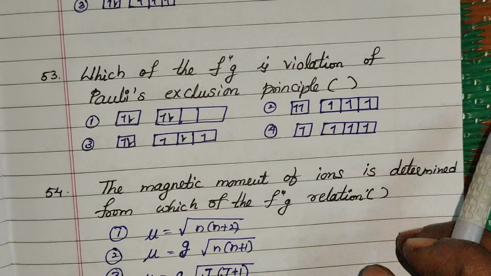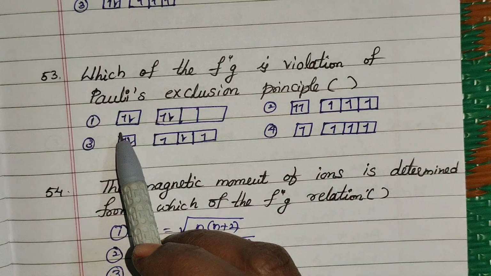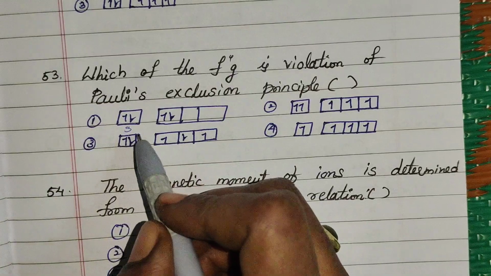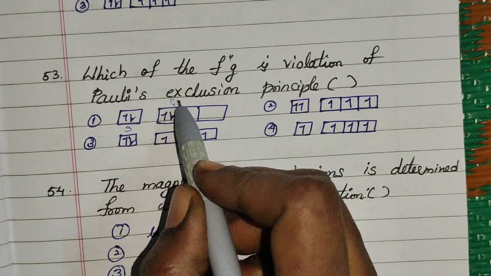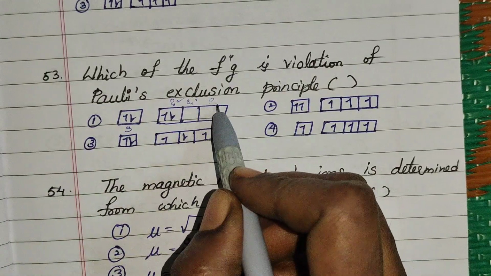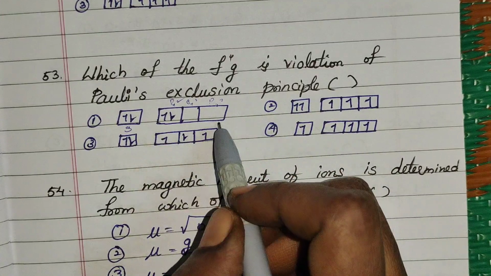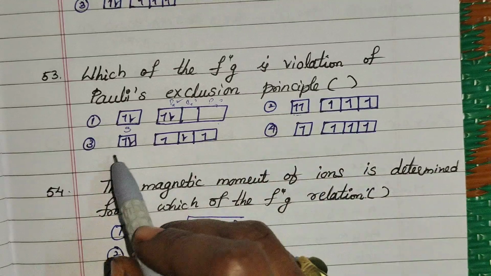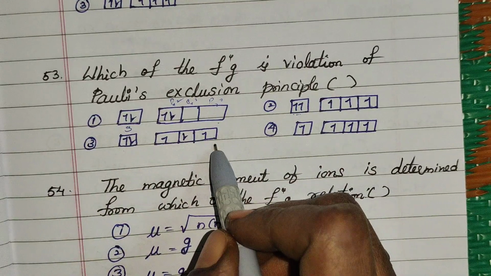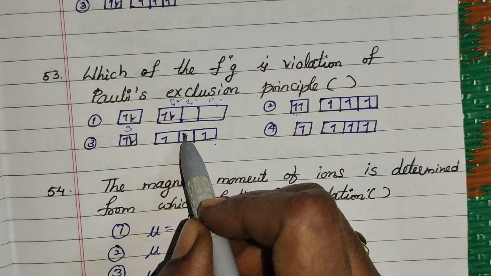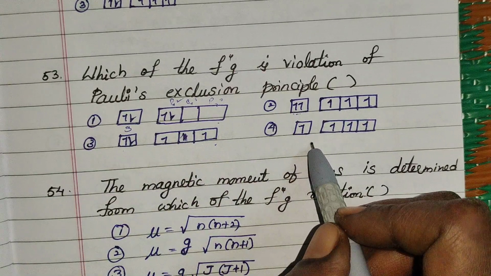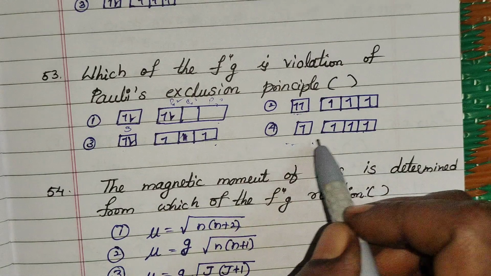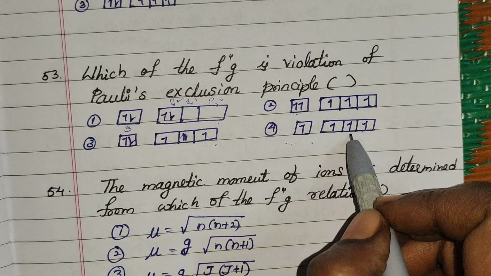Once you check, the first one may be an s orbital with pairing and a p orbital with px2, py0, pz0. Yes, and the third option is also following, just presented somewhat differently. The fourth one is also following Pauli's principle.